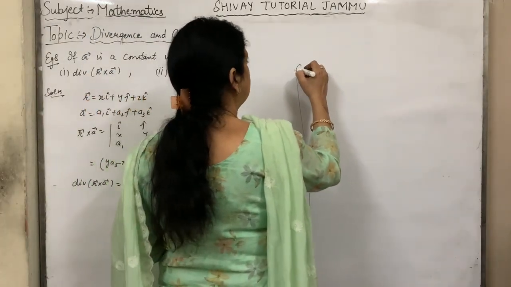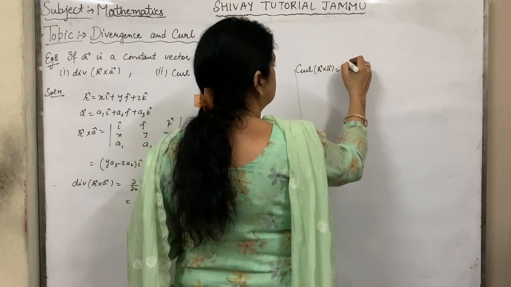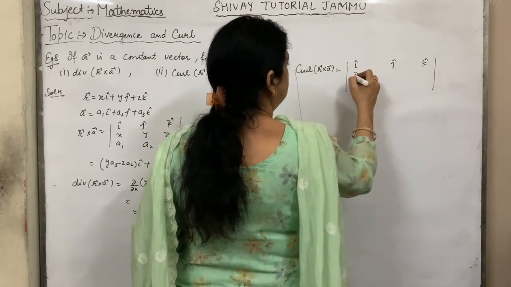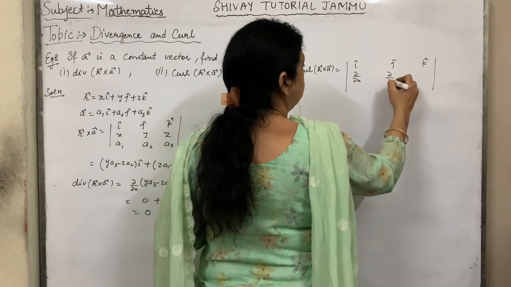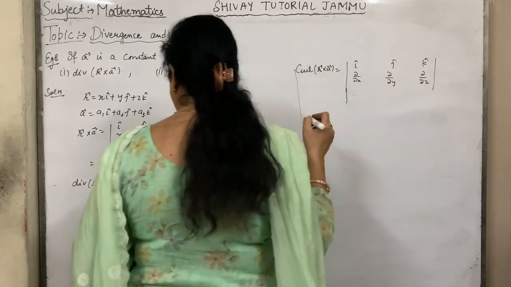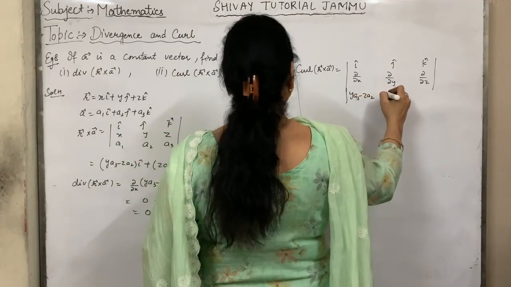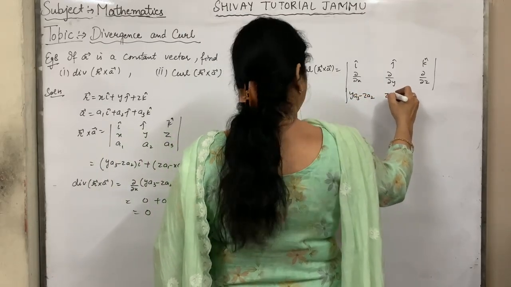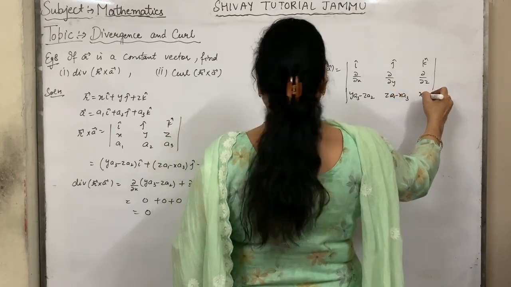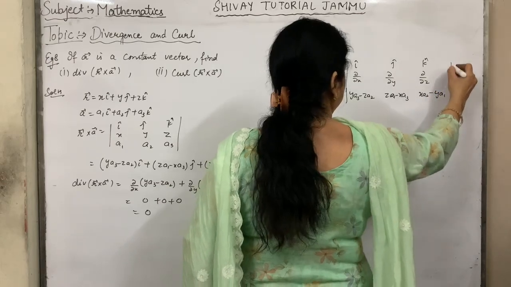We have to find curl of r cross A. What is curl? The determinant of i, j, k, ∂/∂x, ∂/∂y, ∂/∂z, and the terms are ya3 minus za2, za1 minus xa3, and xa2 minus ya1.